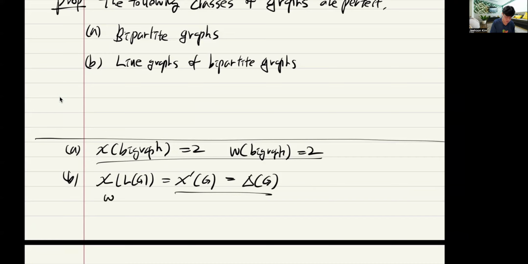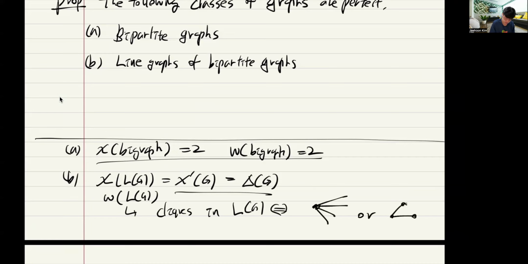On the other hand, what's the clique number of the line graph of G? So cliques in a line graph are exactly one of the following. It's either a star at one vertex or a triangle. This could happen. I mean, this is not a star, but all three edges are adjacent in the line graph. But this doesn't happen in a bipartite graph.